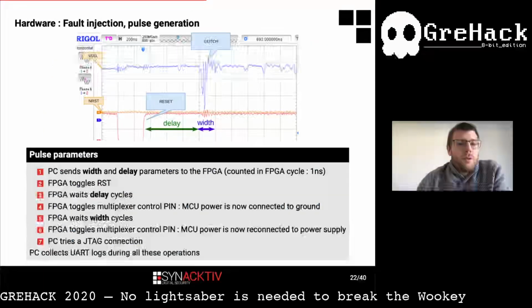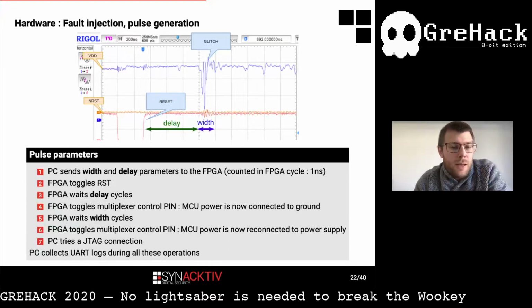So how do we inject a power pulse? First, our PC sends to the FPGA the attack parameters, so the width and the delay. The FPGA resets the board and waits the delay. The multiplexer is then switched, so the MCU power supply is now connected to ground.